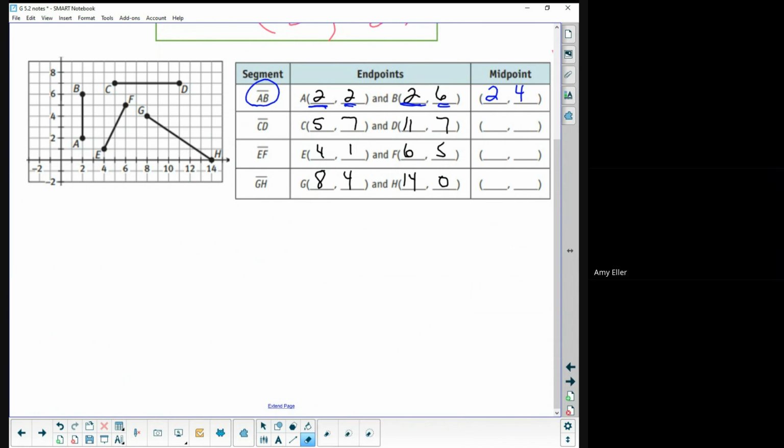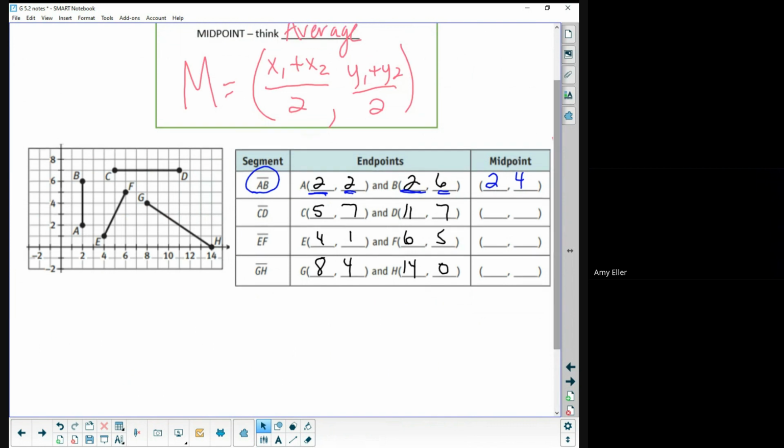Okay, let's do the next one with the formulas. So we have segment CD. Let's go ahead and add the x's. 5 plus 11. We always divide by 2 because we're taking the average. Let's do the y's. Add the y's, 7 and 7.